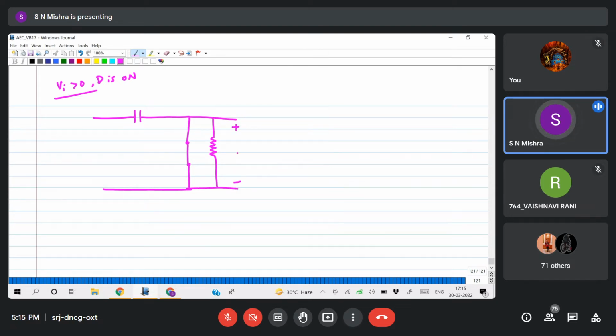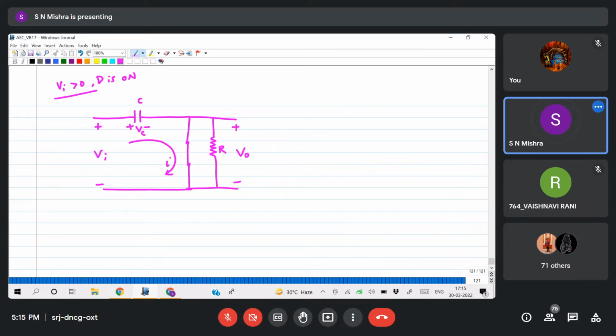So here the output voltage V0, this is R, this is C, and positive half cycle means I'll represent minus plus Vi. During that, current will flow. Current flowing means the capacitor will charge. This is plus, this is minus. Let that voltage be Vc. Current will flow in this direction.